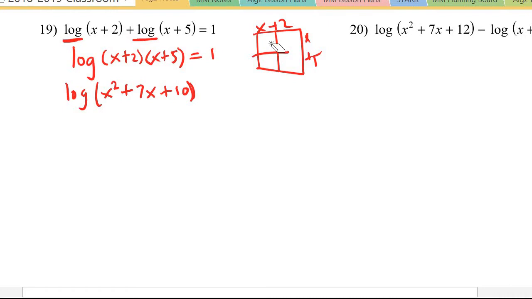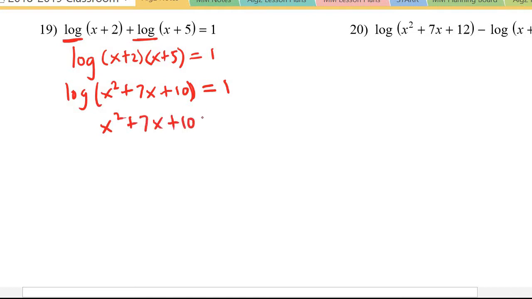Now, after you've written it like that, the next thing is to write it in exponential form. So this is how you write exponential form: x squared plus 7x plus 10 equals 10 to the power of 1. Remember, there's a 10 here that is not written. So that 10 goes there.